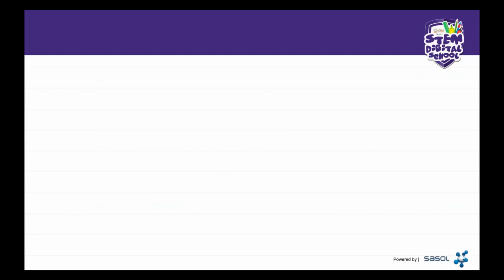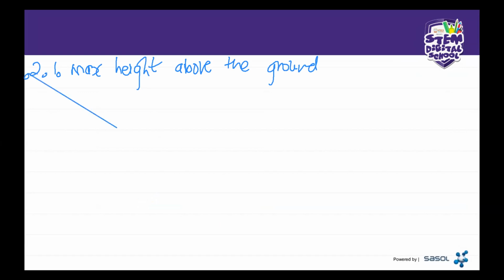So here, what are we looking for? Number one, maximum height above the ground. Okay, so 1.2.1.